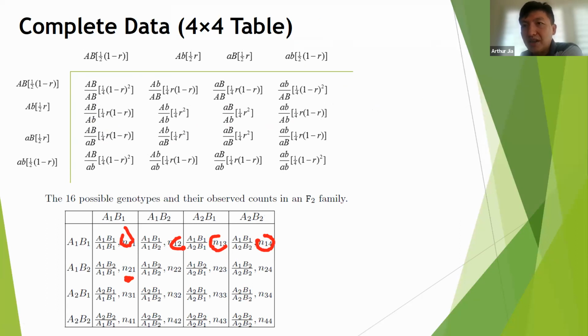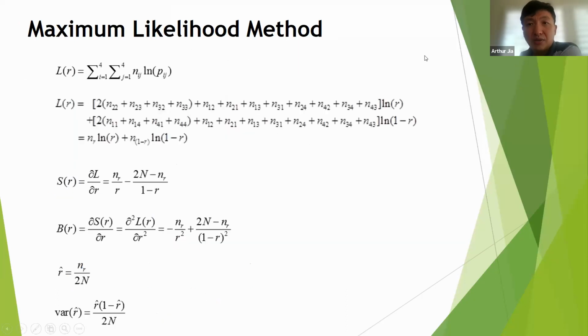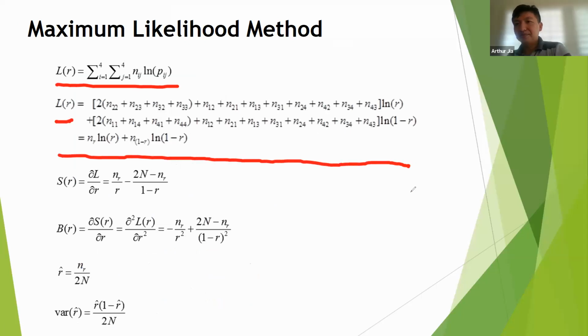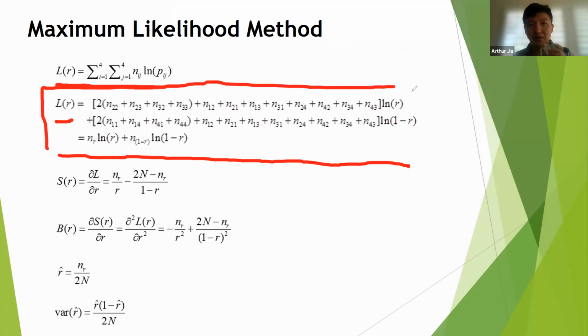Using this data and the model, you can easily rewrite this into this. Any problems here? Any questions? This might be part of your final exam. I'm going to show you the table, and I'm going to ask you to write this log likelihood function for me.